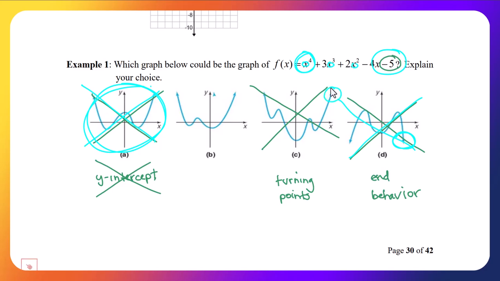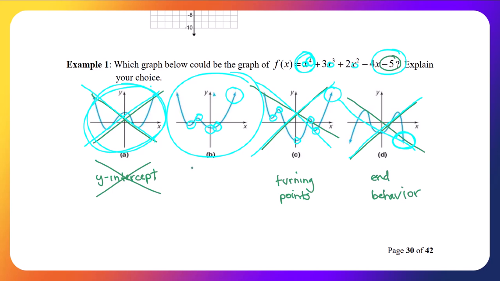So this one, the right hand goes up, that's good, but we have 4th degree here, and we have 1, 2, 3, 4, 5 turning points. We can only have 3 turning points maximum with a degree of 4. So that one's no good. This one's left, right hand up, negative y-intercept, and 1, 2, 3 turning points, and it's 4th degree. This looks very good.